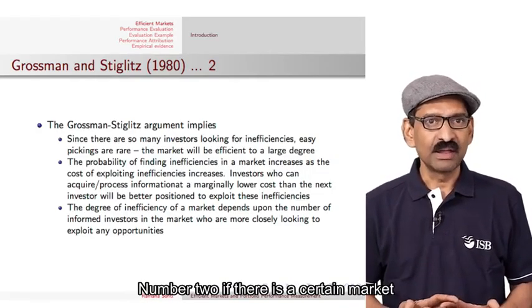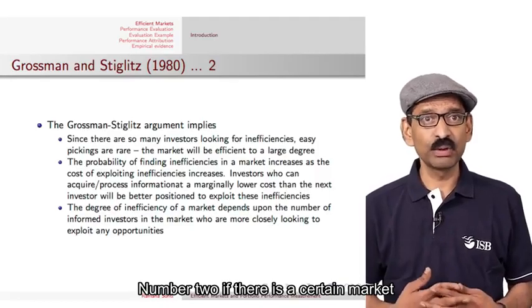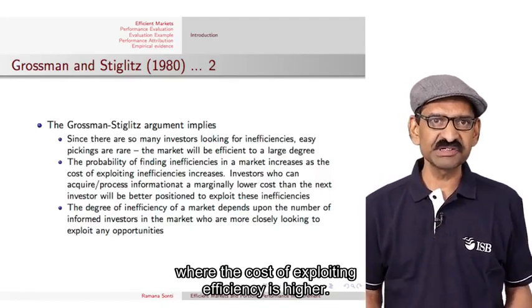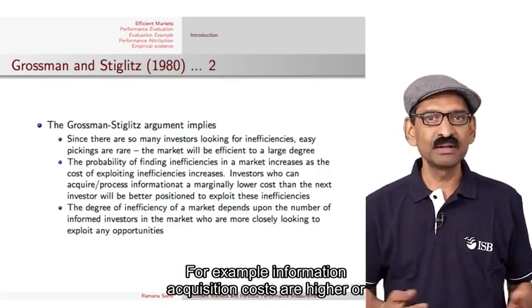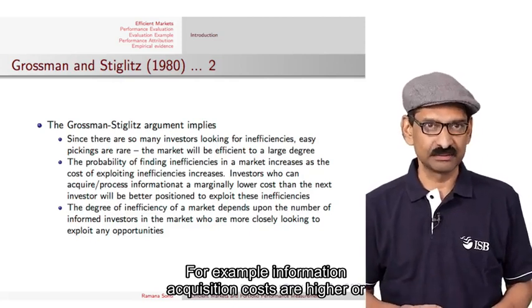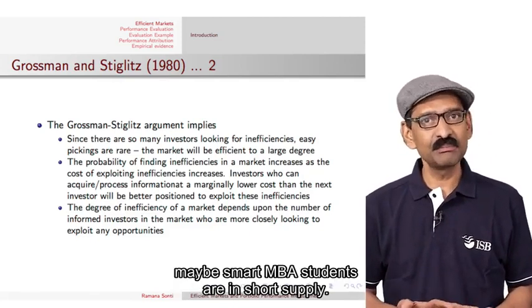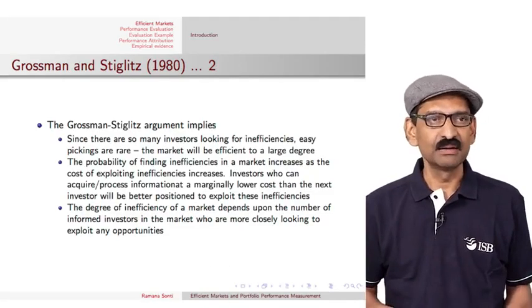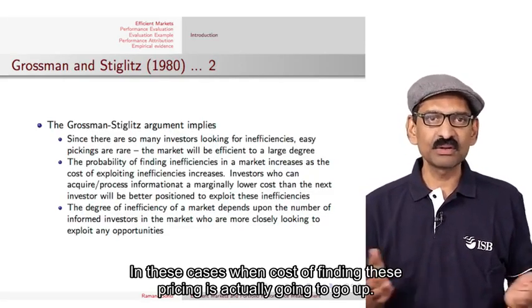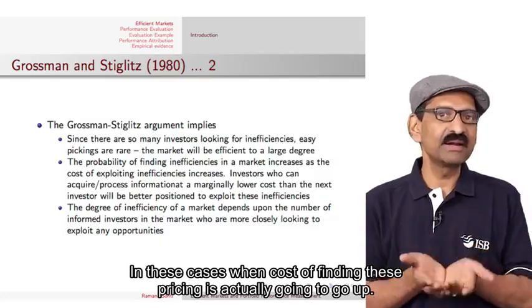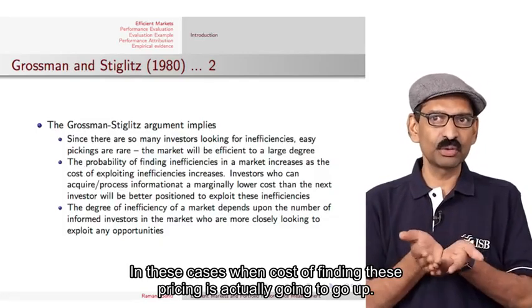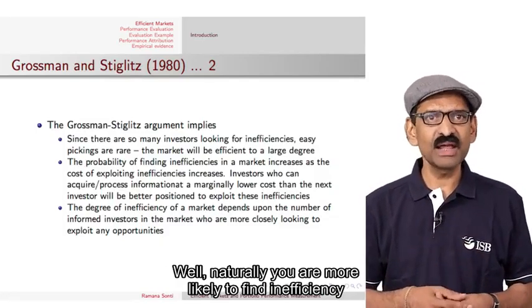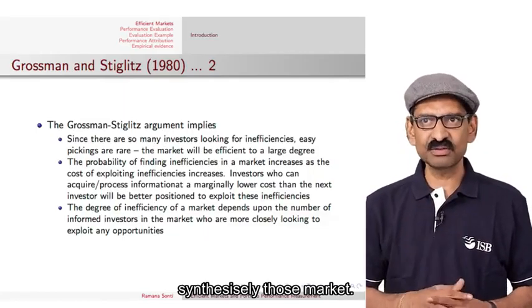Number two, if there is a certain market where the cost of exploiting inefficiencies is higher, for example, information acquisition costs are higher, or maybe smart MBA students are in short supply, in these cases, when the cost of finding mispricings goes up, naturally you're more likely to find inefficiencies in precisely those markets.